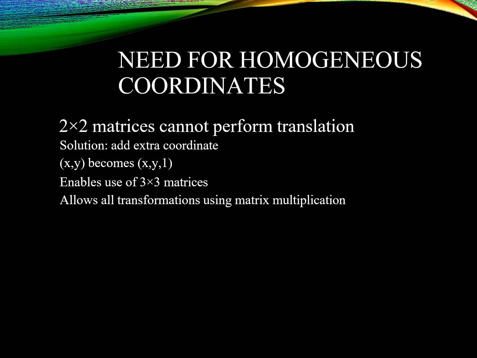Instead of representing a point as x and y, we represent it as x, y, and 1. This creates a three-dimensional vector called a homogeneous coordinate. Now, all transformations, including translation, can be represented using 3 by 3 matrices. This provides a unified mathematical framework for graphics transformations.